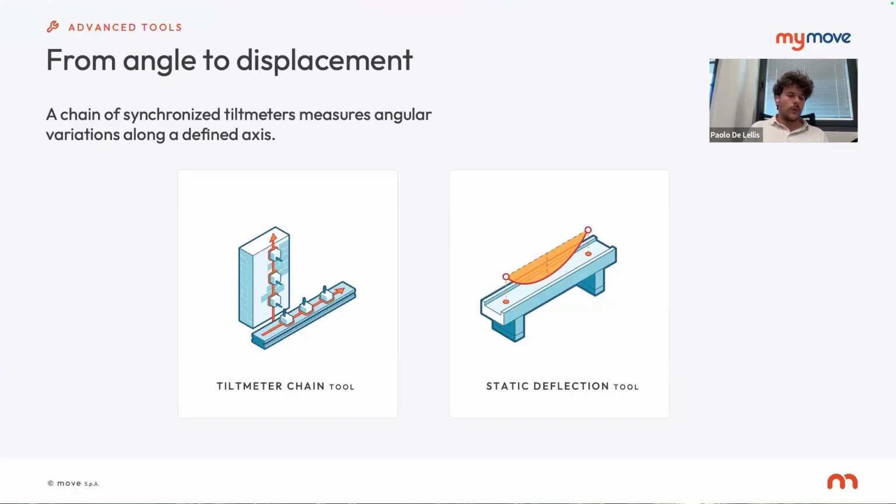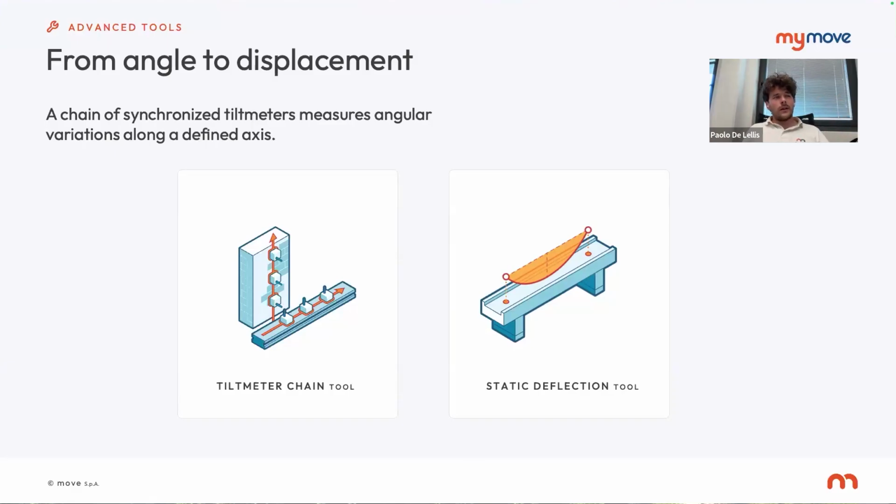So to become more confident with our system and with the data that we collect from the system, we developed these two different tools, the tiltmeter chain tool and the static deflection tool.